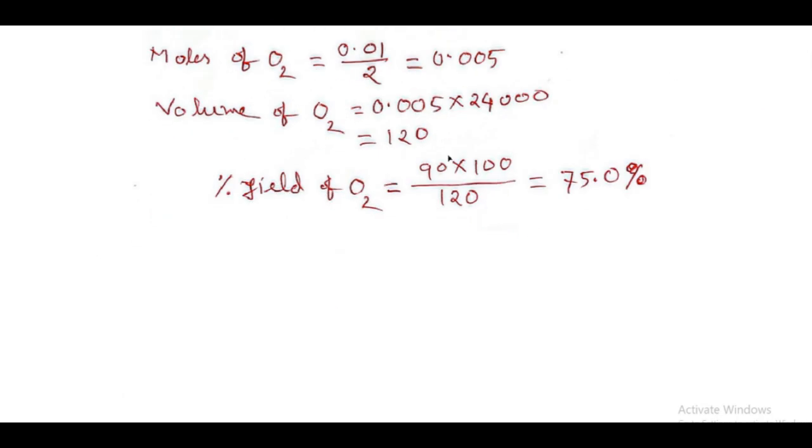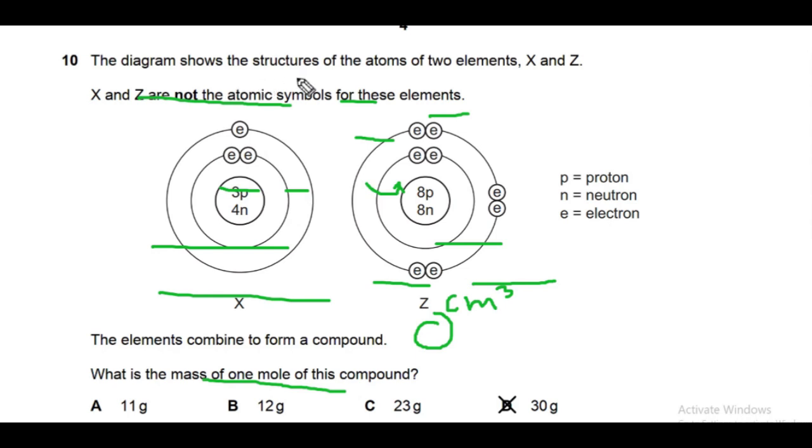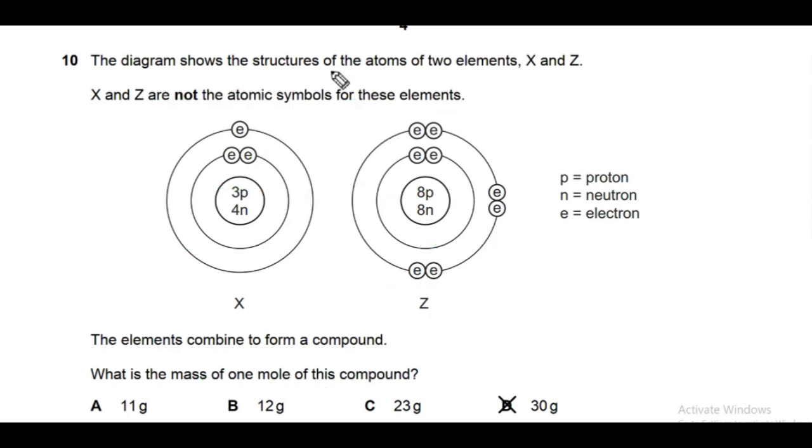Next, the diagram shows the structure of atoms of two elements X and Z. X and Z are not the atomic symbols for these elements.